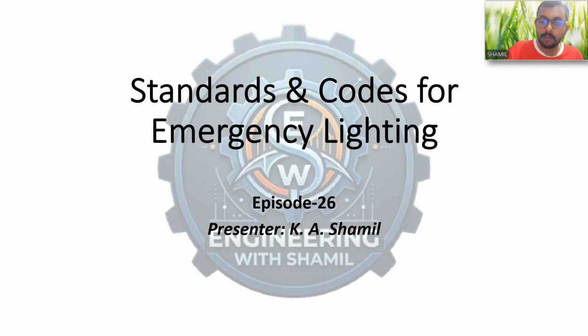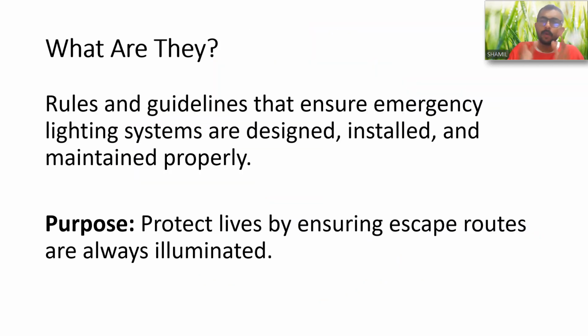So let's see what exactly the standards and the codes are. But before that, we need to know the purpose of having a standard or code in order to design, install, and maintain an emergency or exit light. So what do we mean by a code or a standard? A code or a standard is a set of rules and guidelines that ensures that emergency lighting systems are designed, installed and maintained properly.